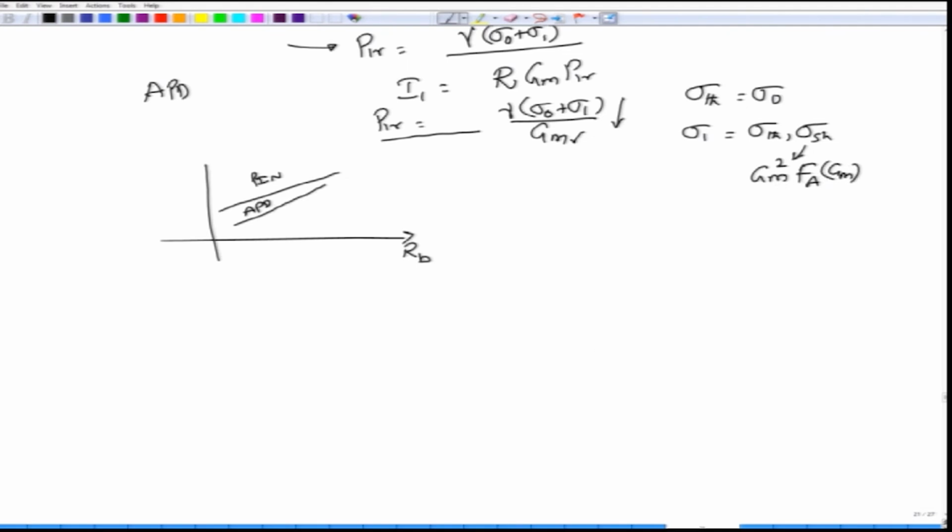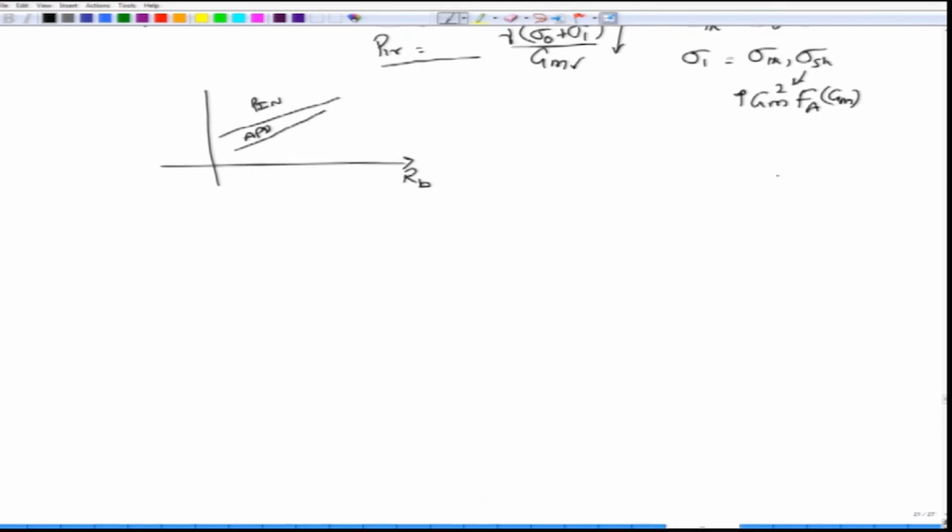Because of this multiplication, the shot noise component actually increases with sigma 1. The shot noise that you get with an APD is much larger compared to the shot noise that you get with a PIN diode receiver. However, you can show later that the required optical power actually goes down when you have this APD receiver.